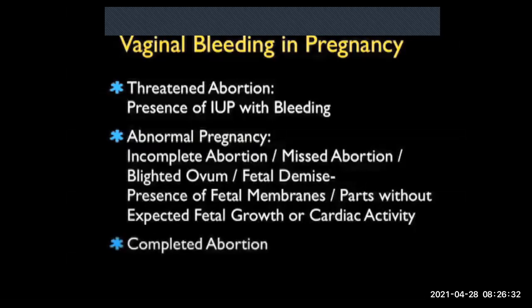Basically, all of these mean the presence of fetal membranes or parts without expected fetal growth or cardiac activity. The third main classification is a completed abortion, in which there's no further presence of fetal membranes or parts, and on examination, usually the cervical os will be closed. And the fourth main classification is the most dangerous, ectopic pregnancy.